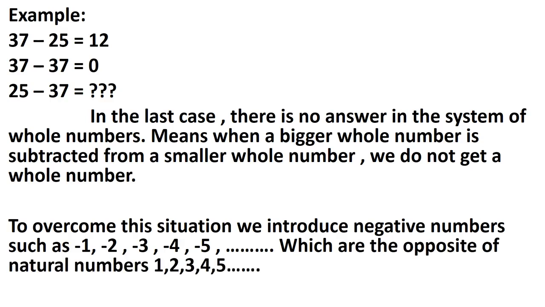Natural numbers are 1, 2, 3, 4 and 5. Minus 1 is the opposite of 1. Minus 2 is the opposite of 2. Minus 3 is the opposite of 3, minus 4 of 4, minus 5 of 5.